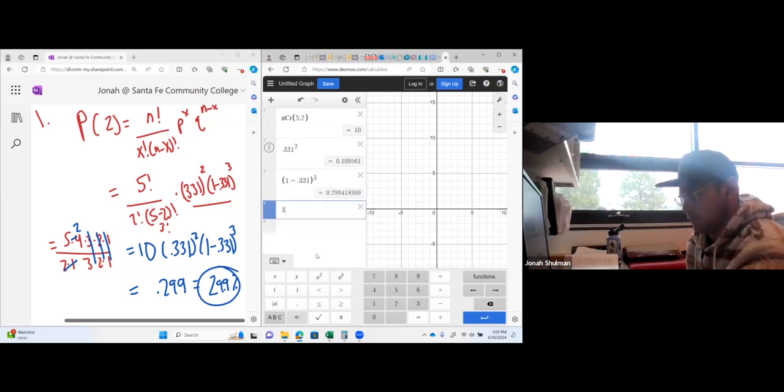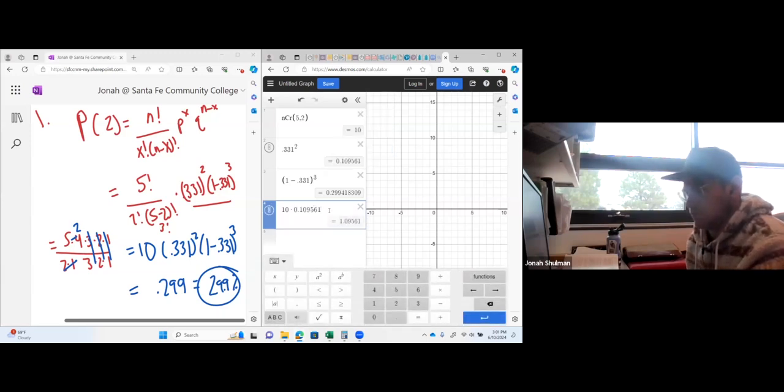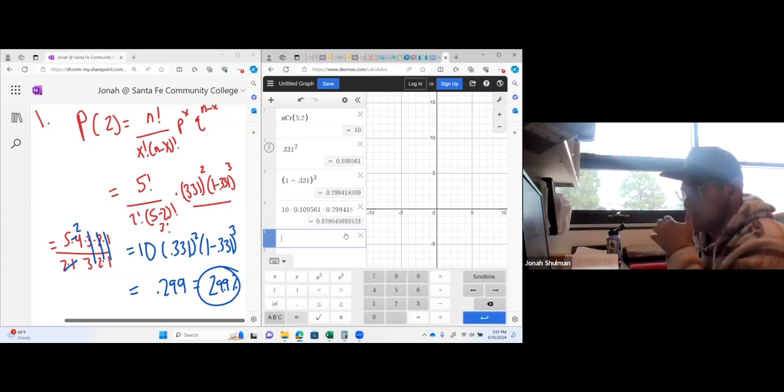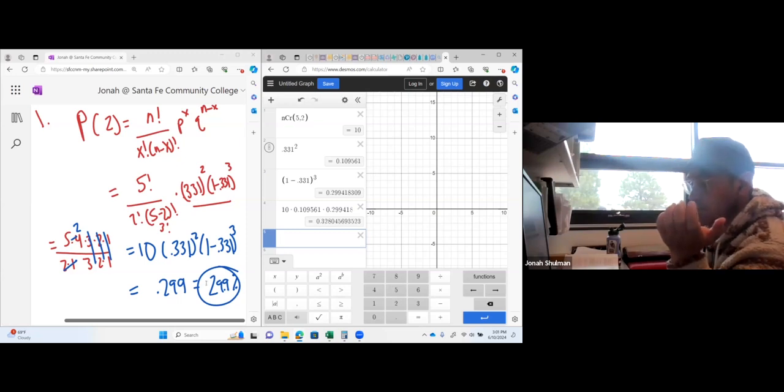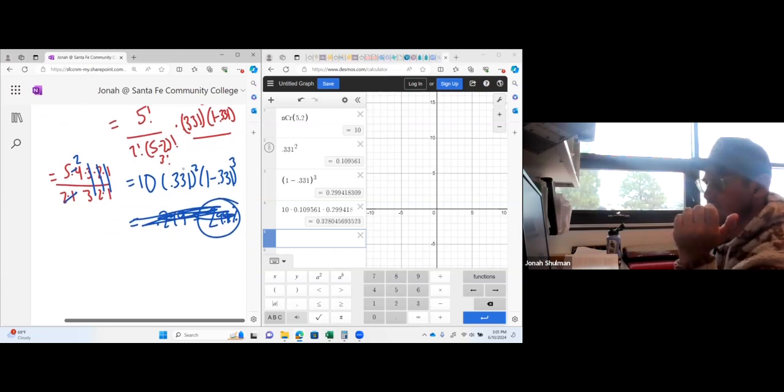So I have 10 times this value times this value. Oh, I think when I just typed it in, or when I was doing it on the other calculator, I got it wrong. But guess what? It's right all across the board, 0.328. So I just showed you 3 ways to get it. As long as you don't make a mistake typing it in the calculator like I did, you'll get the right answer.